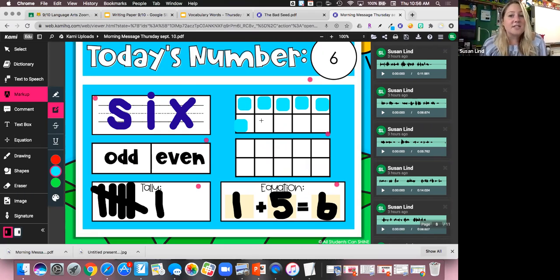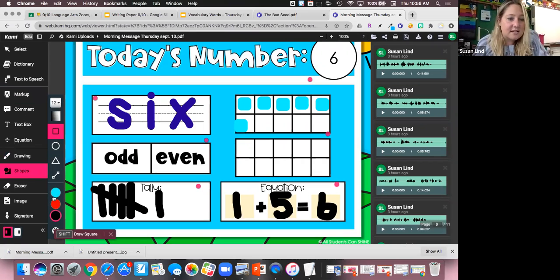Place different colored dots over top of my 6 dots in my tens frame. We decided that this number is an even number, because every square has a partner. They're even.